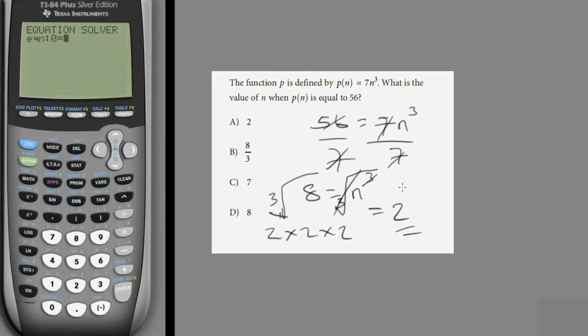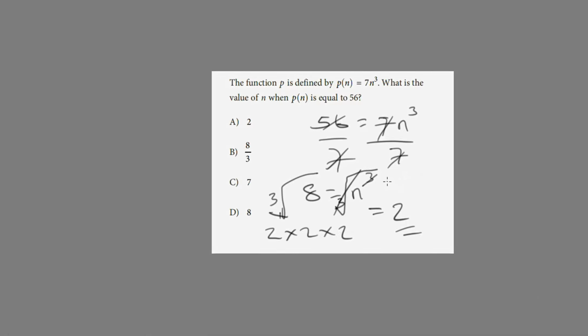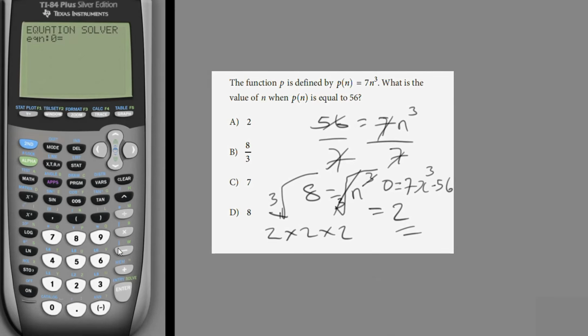So let's do it here. This is going to give us 0 equals 7n cubed. Let's replace n with x. So 56 crossing over, we change to minus 56. Okay, so let's put it on the calculator. So we have 7x cubed.